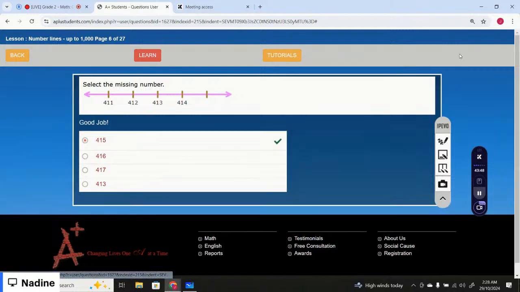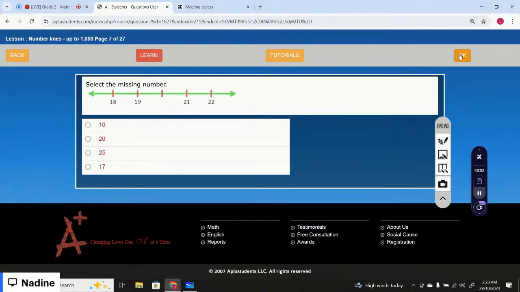Option number 1 is the correct option. Select the missing number. So which number is missing?